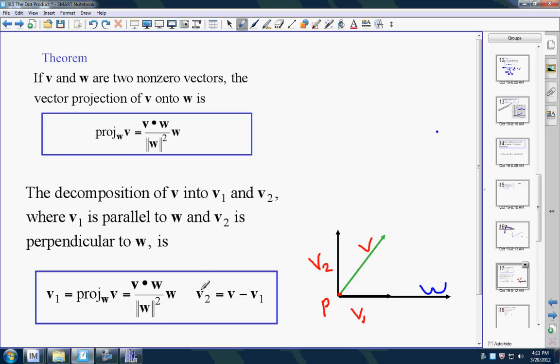Okay, now to find this V2, all we did is say if you took V1, you added V2 to it, and you found that resulting vector, it would be V. So if we can say V is just the sum of V1 and V2, in order to find V2, all we got to do is subtract V1 from it. And it comes from that stuff we did yesterday, going tip to tail with vectors.